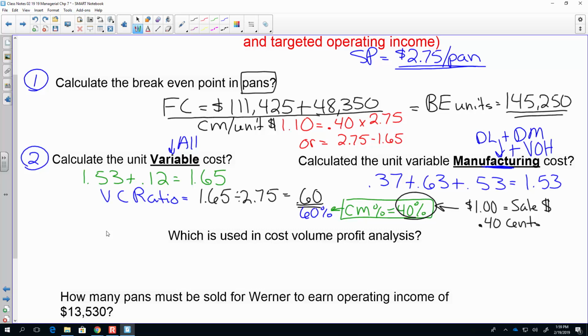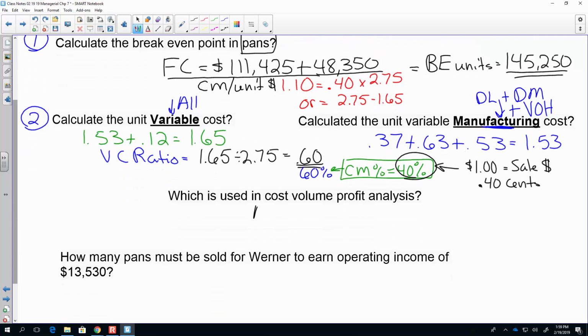Okay, question 2, I think we answered everything. The variable manufacturing cost. They do ask in question 2, which is used in the cost volume profit analysis. And that would be all variable cost.